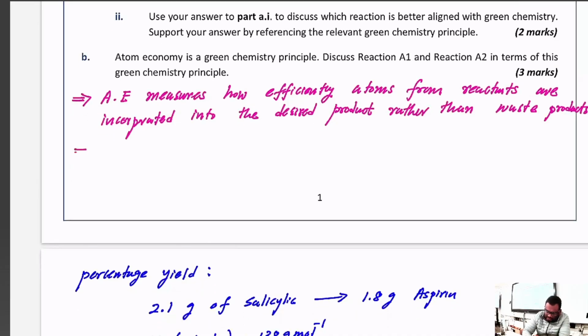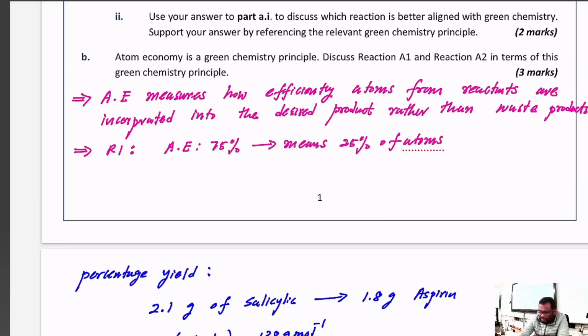Then second, reaction A1 has an atom economy of 75%, which means 25% of atoms, if you look at the equation, end up as acetic acid as a byproduct.